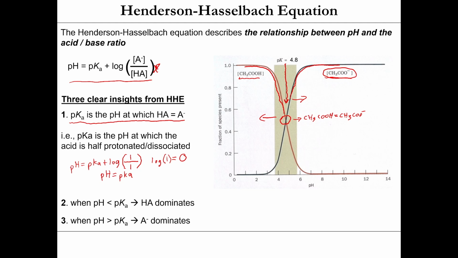If the conjugate base is in a higher concentration than the acid, the log is going to be a positive number, and the pH is going to be higher than the pKa. If the acid is a greater number than A minus, you're going to get a number below 1 for this ratio, the log is going to be a negative number, and the pH is going to be below the pKa. So this is a very important relationship to understand, on what pKa is and how it relates to the Henderson-Hasselbalch equation.